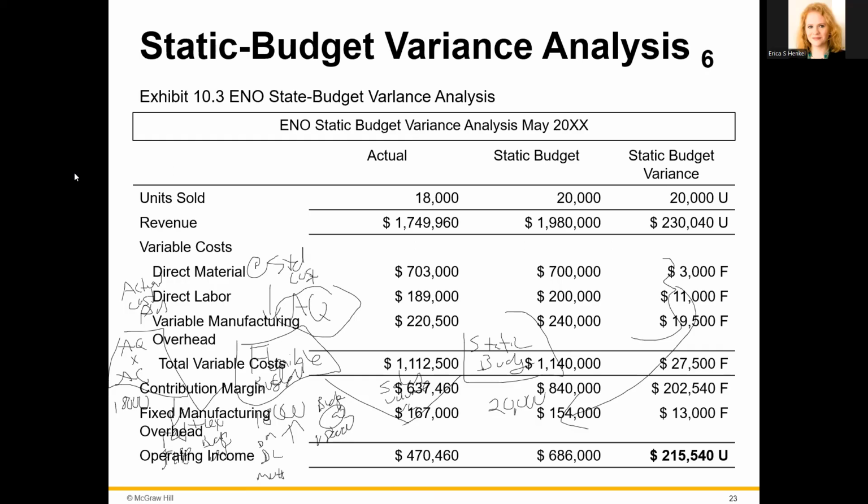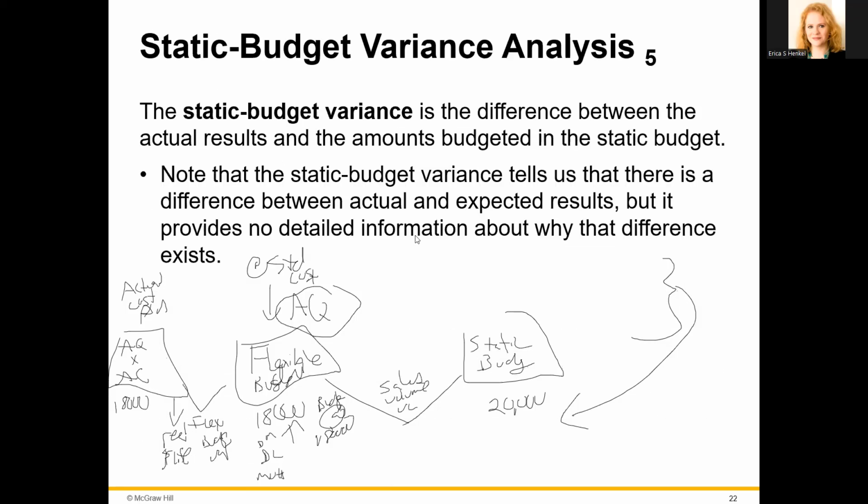Looking here then, they did their static budget variance. Going back up to my drawing so you can see this: the difference between the static budget on the far end and what we actually paid over here, this large total variance, is the static budget variance across all of this.